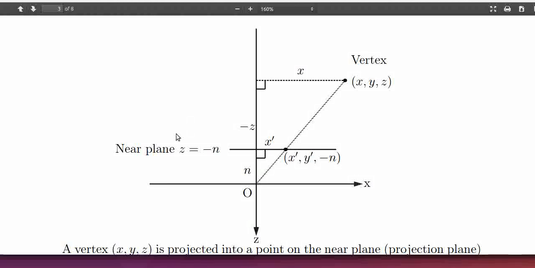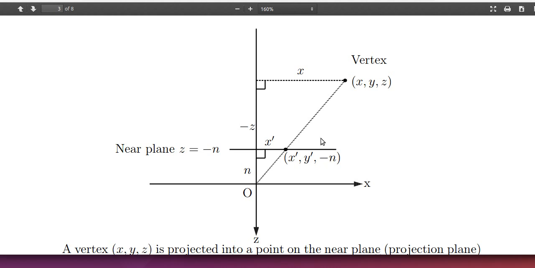So the near plane is at z equals negative n. A vertex x, y, z will be projected onto the near plane at the point x dash, y dash, z dash, which is equal to negative n. And of course this is the line of sight. Given x, y, z, we want to calculate the projected coordinates x dash, y dash, z dash, which is minus n.